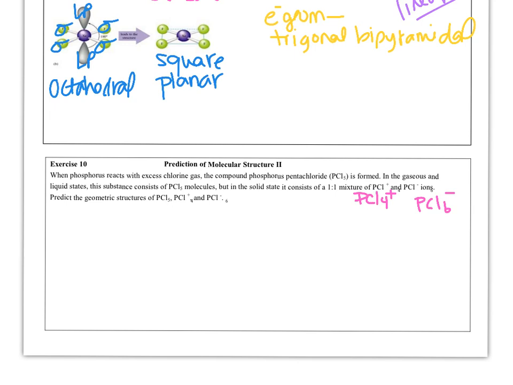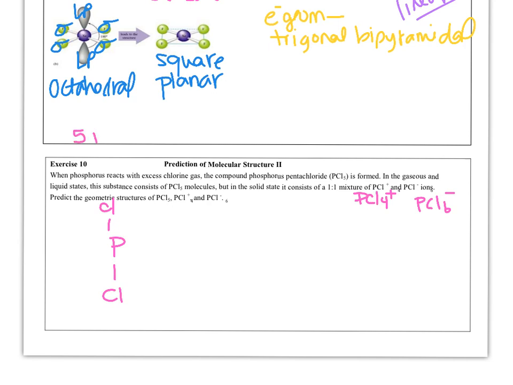So what we want to do is obviously draw them. So PCl5 is very easy because we know that in the gaseous state, it's going to be an expanded octet. So phosphorus is going to have 5 valence electrons.